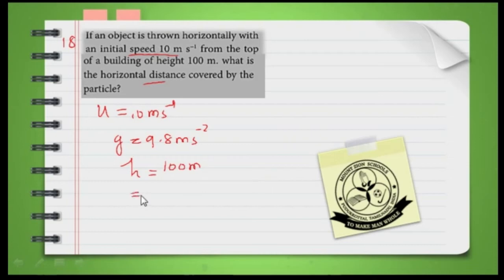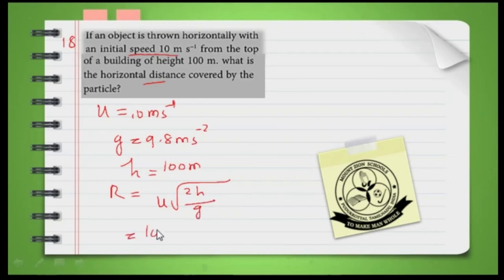Here the horizontal distance is measured using the formula u into square root of 2h by g.